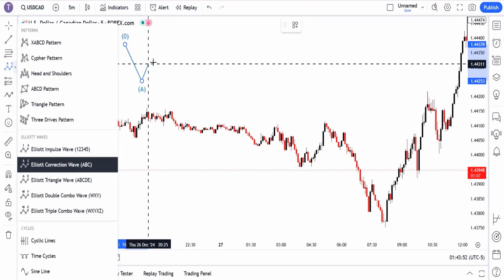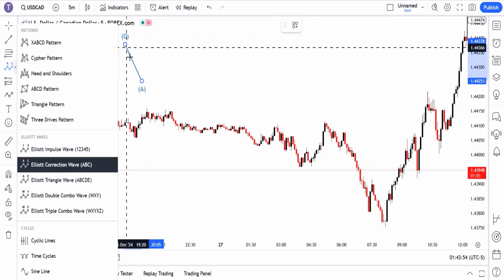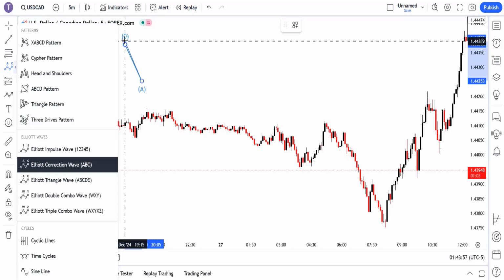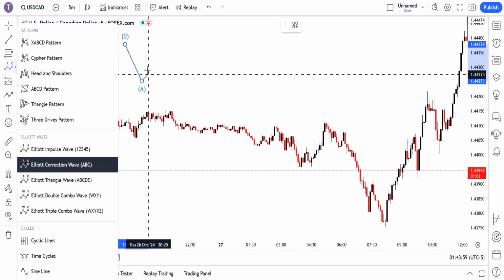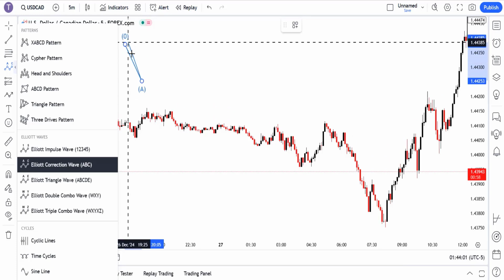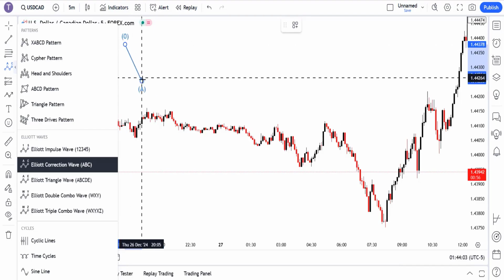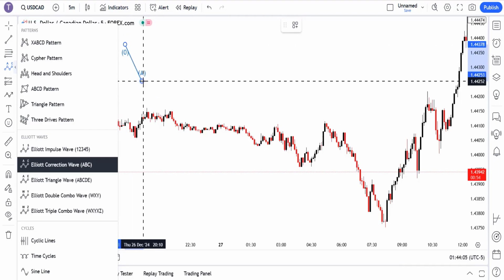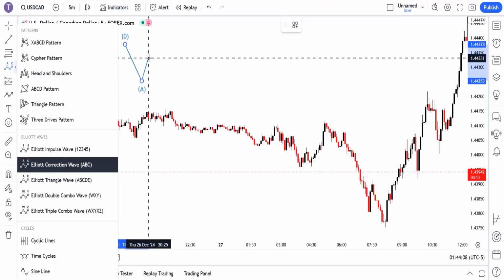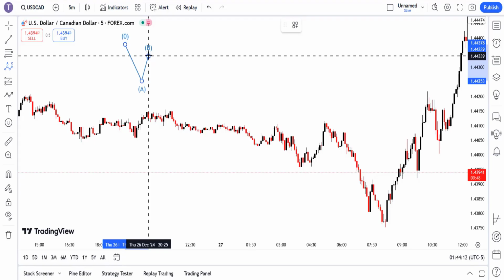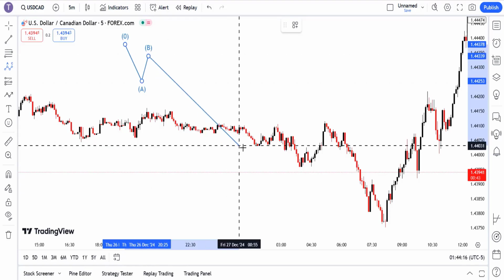On the zero leg, when price creates a 1 reversal, you are going to expect price to create a B reversal, which is a retracement to the upside when you are looking for a bullish setup.